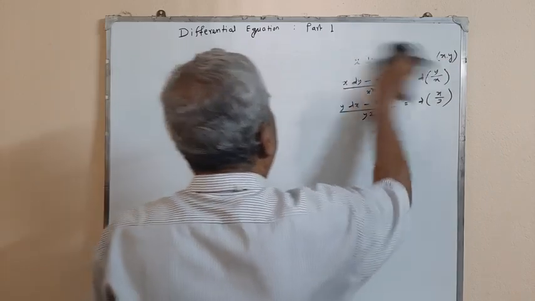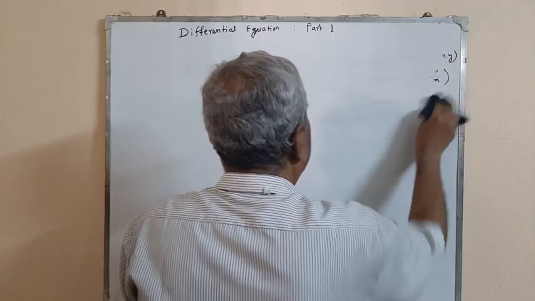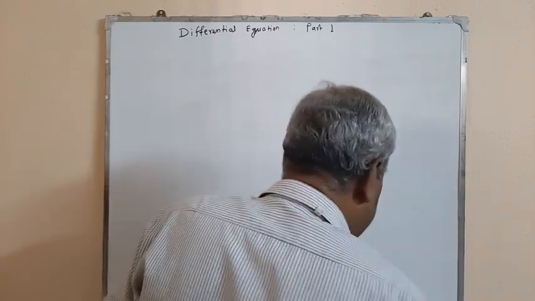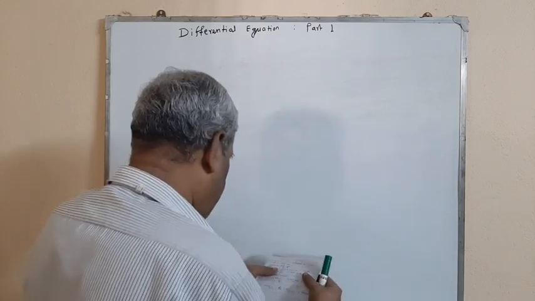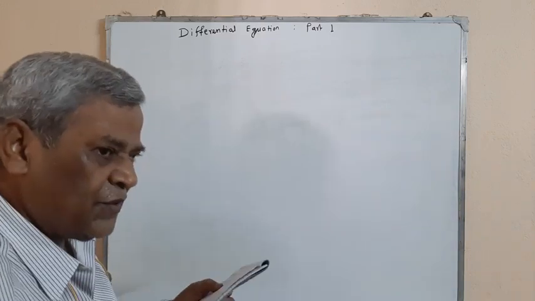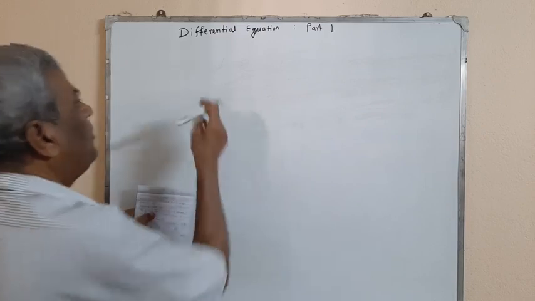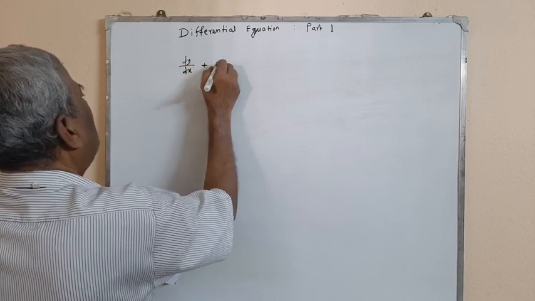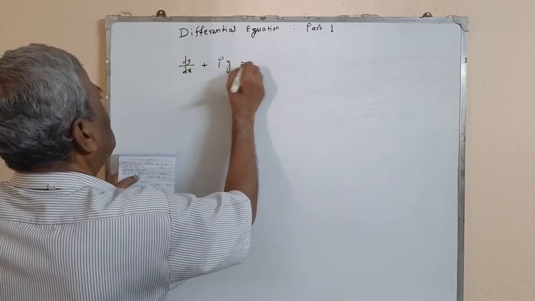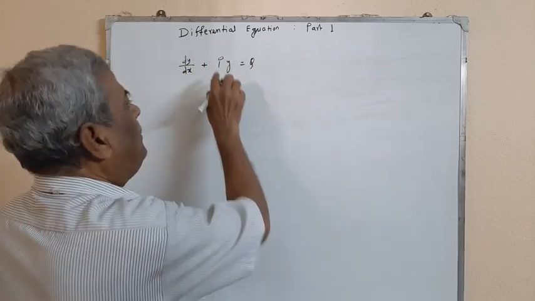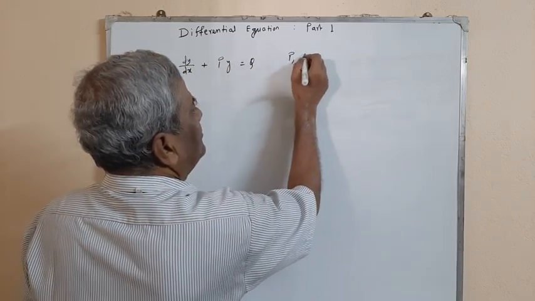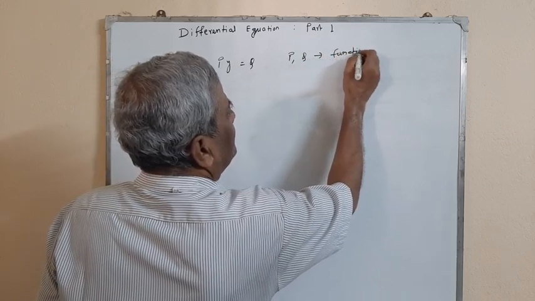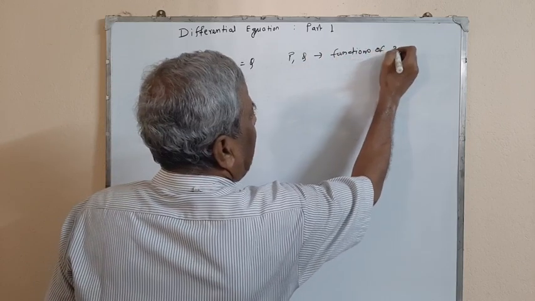So last of all, I tell you one thing. The linear equation. It is a differential equation. A linear equation is simply of this type: dy/dx plus p into y is equal to q, where p and q are functions of x only.